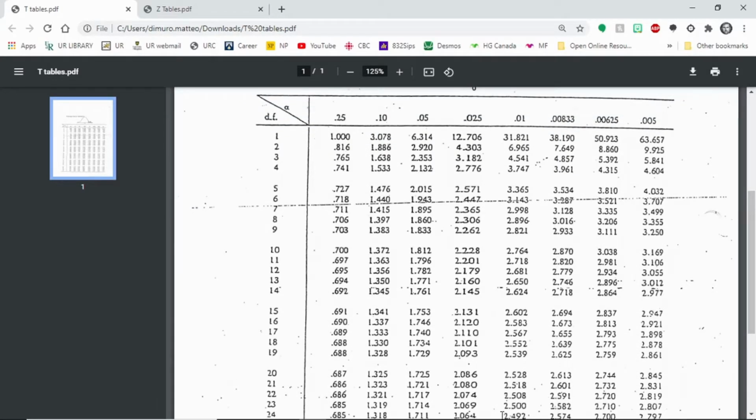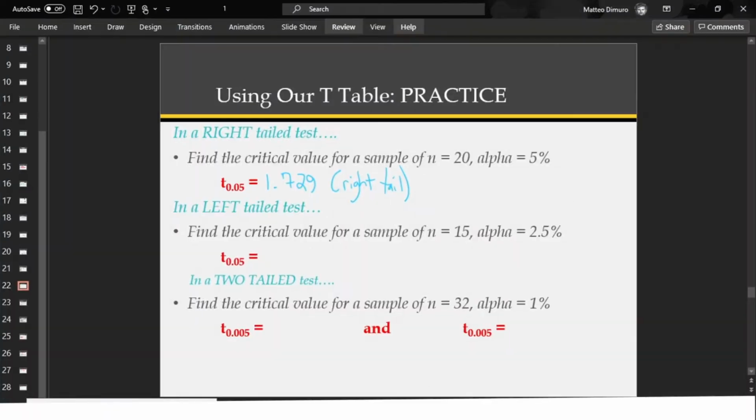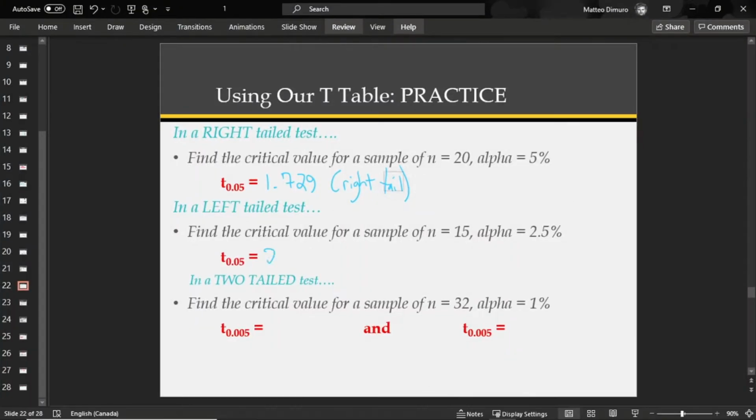So there's 5%, 0.025, and we get 2.145. But now it says the left-tailed test, so it's negative 2.145.